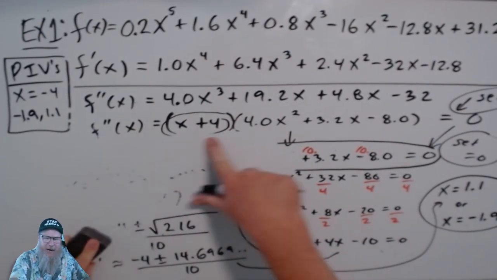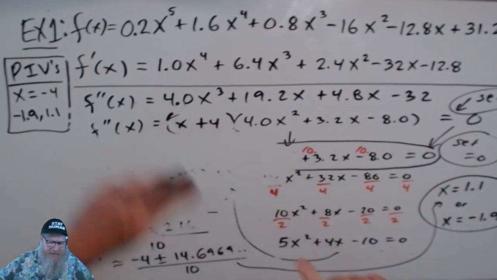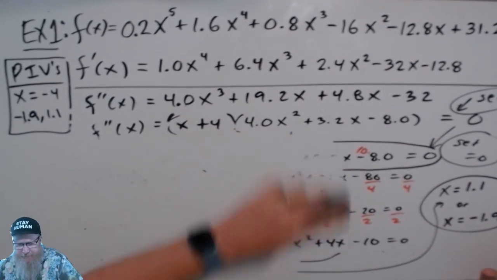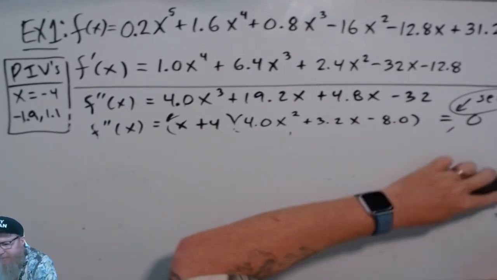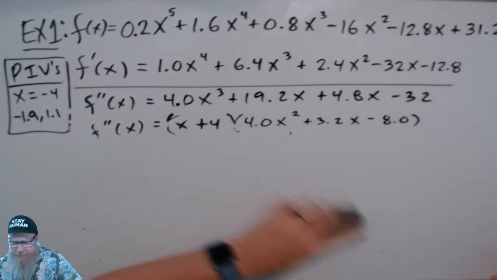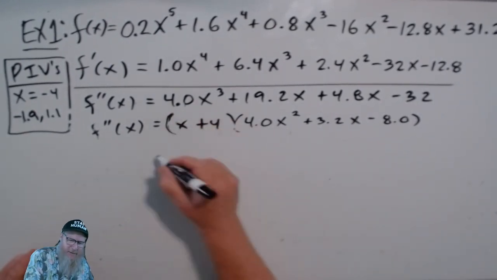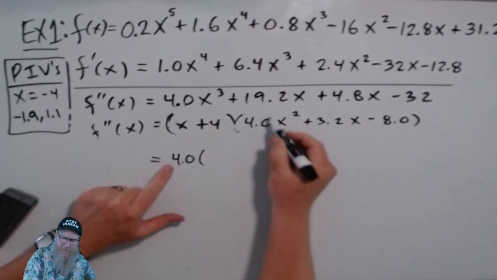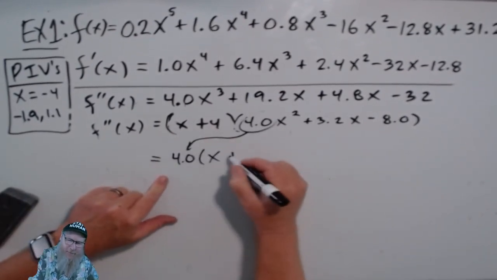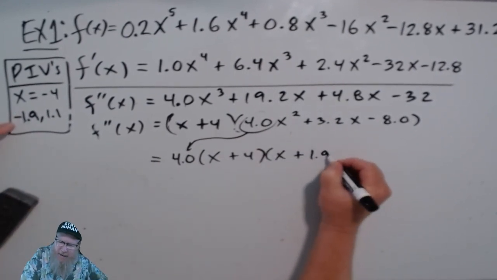So this is the reason why I wrote it this way, because I can use this as my derivative test. I'm going to put the 4.0 out in the front. Then I'm going to put x plus 4. Then x plus 1.9.